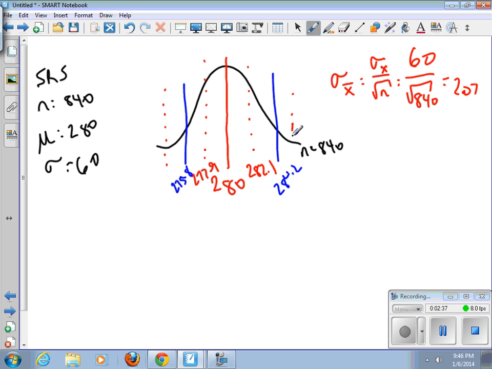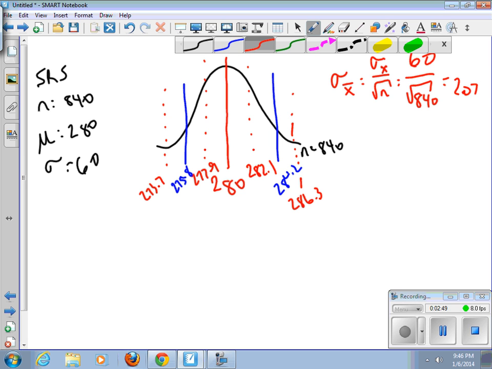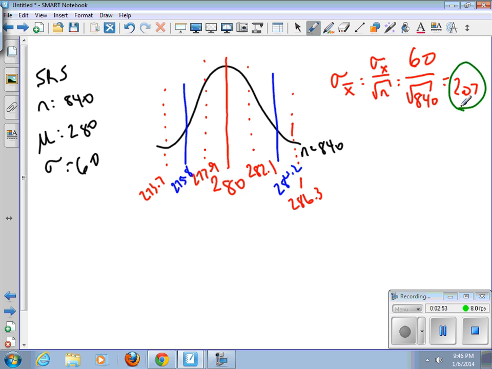It's kind of getting messy here, but that's going to be 273.7 and 286.3. All I'm really doing here is, I know that standard deviation is this, so each of these widths right here is 2.07. And I'm just counting by intervals of 2.07 as I go along.